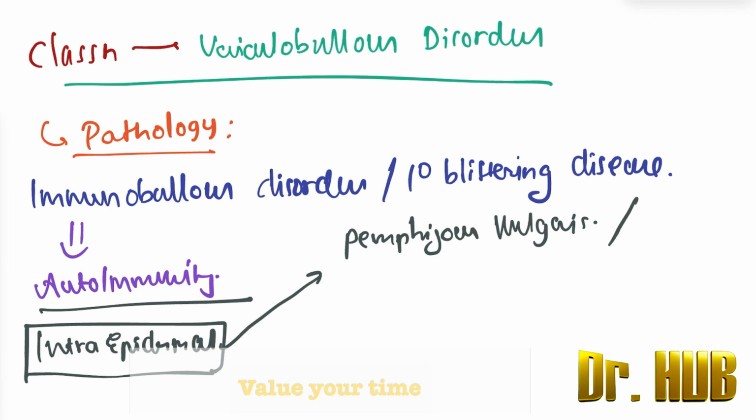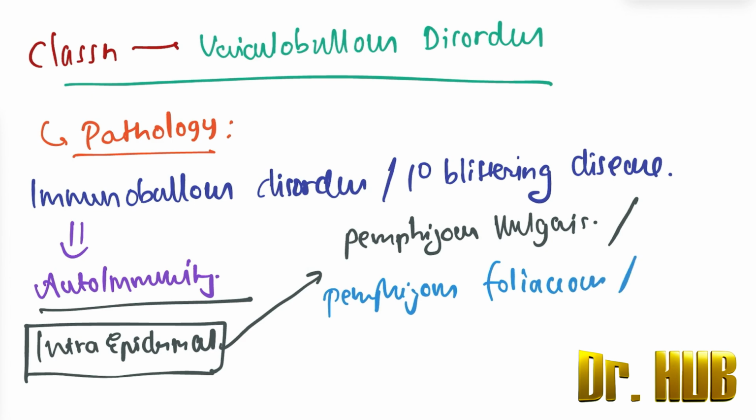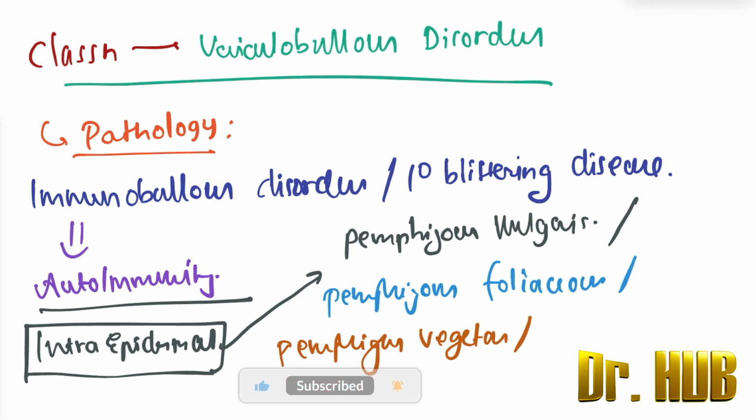Next there is pemphigus foliaceus. Next comes pemphigus vegetans, and pemphigus erythematosus.